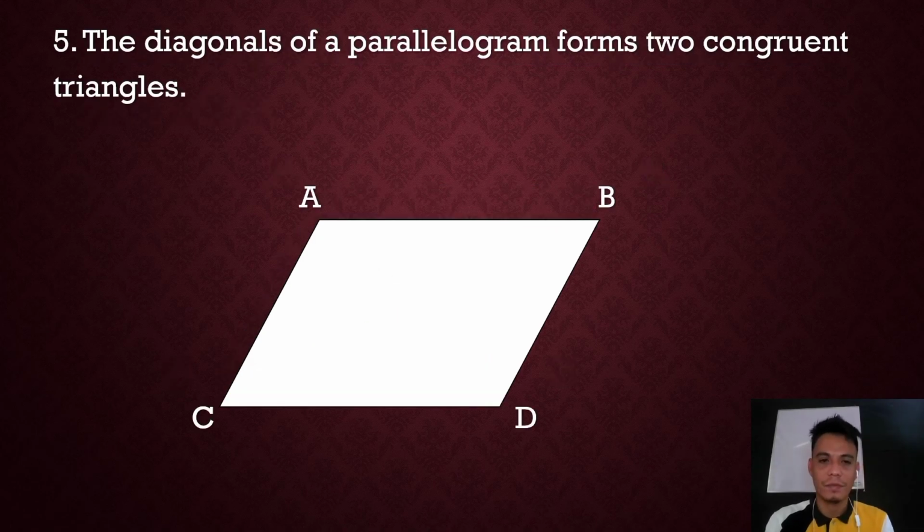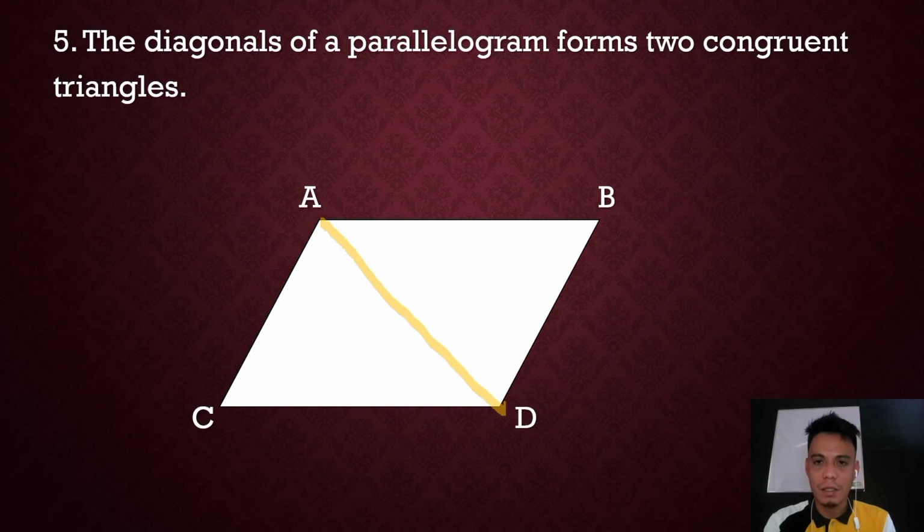And lastly, the diagonals of a parallelogram forms two congruent triangles. So kapag dinuwingan mo daw siya ng diagonals, ang mangyayari daw is magkakaroon siya ng dalawang congruent na triangle. Quadrilateral ABCD. So lalagyan natin ng diagonal. So ayun guys.